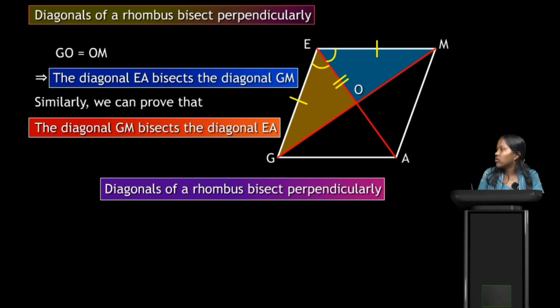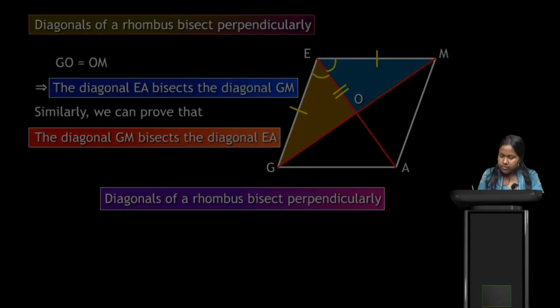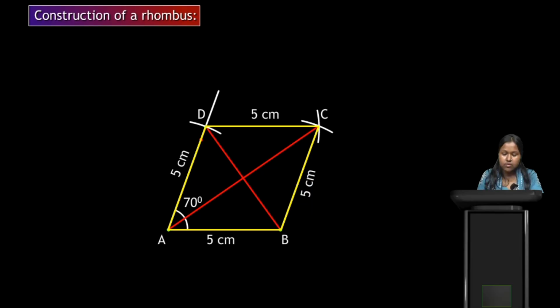So diagonals of a rhombus bisect perpendicularly. How can we tell that the diagonals bisect perpendicularly? How can we show that? Here you see, these two angles came out equal by CPCT. Now again you see this GM line.